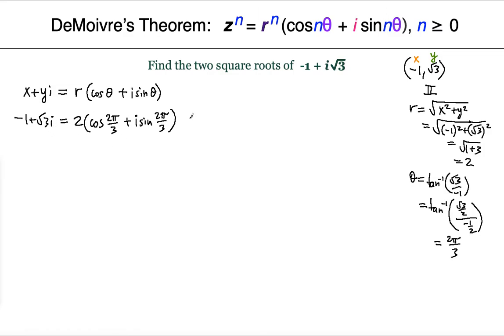Okay, this complex number can be written as square root 2 squared, and then cosine of 2 over 2 times 2 pi over 3 plus 2 pi k, plus i sine of 2 over 2 times 2 pi over 3 plus 2 pi k.